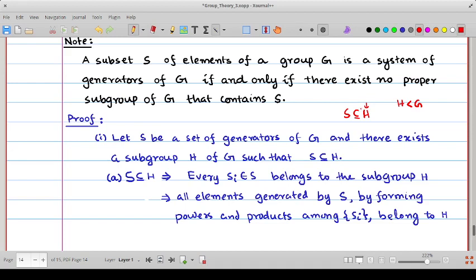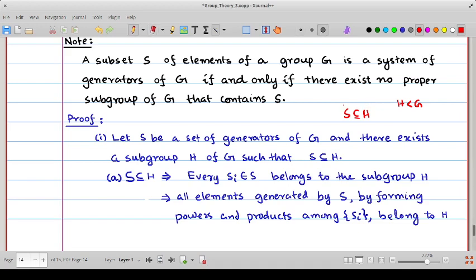Closure property demands that the product or the powers of any element of that group should be an element of the group itself. So if I take the products or the powers of elements of S, all of them will be elements of H also because of the closure property, and since H is a subgroup.